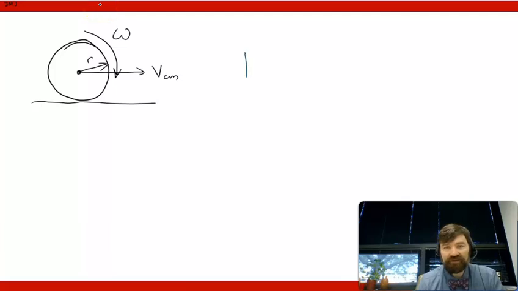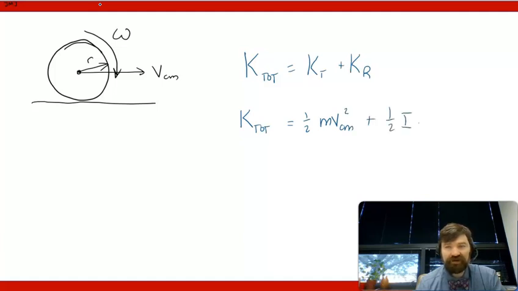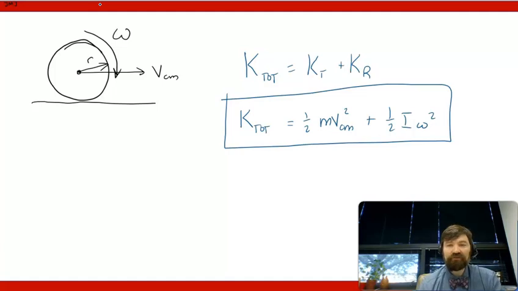My total kinetic energy, K total, should be KT plus KR. But that means that the total kinetic energy for this is 1/2 m v center of mass squared plus 1/2 I omega squared.